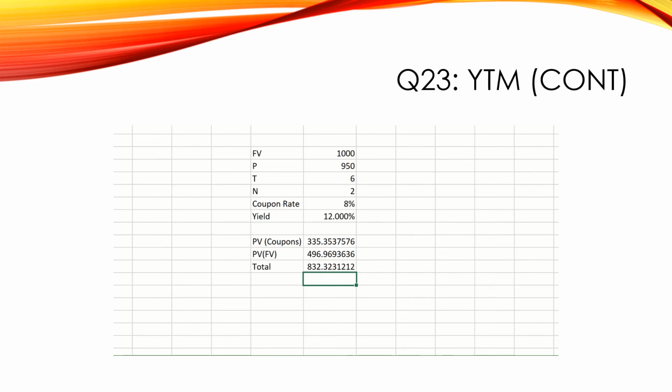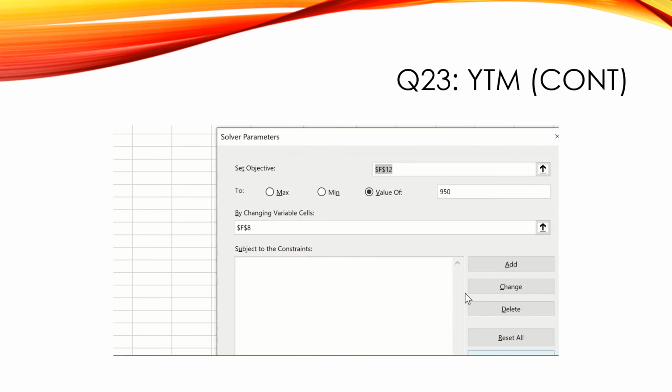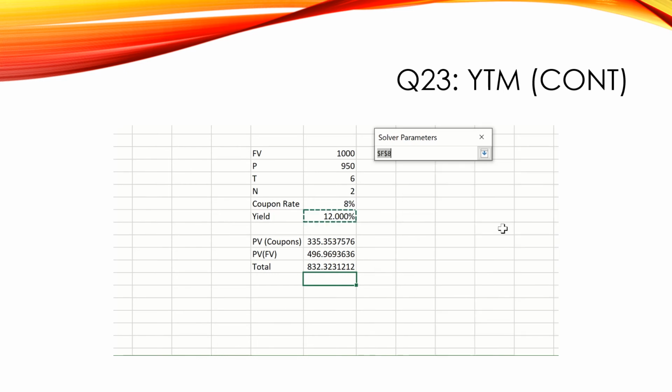So say I bring up Excel Solver, what I can end up with is I can set my parameters here. So I need to set the objective function. My objective here is going to be the total value of the bond, so 832. I am then going to set this to a value of 950. Now I do this by changing the cell, being the yield.